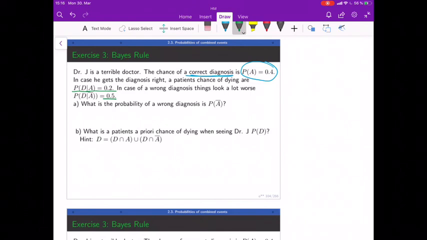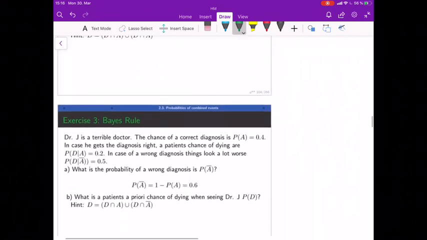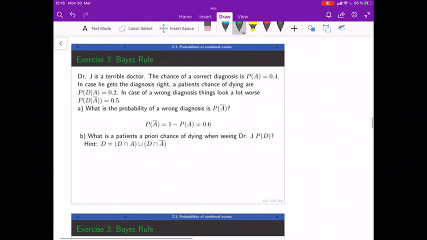And there's a little hint. Okay, let's talk about the first one first. The wrong diagnosis is easy. That's 1 minus the right diagnosis, so 60%. Wrong diagnosis, 60%.